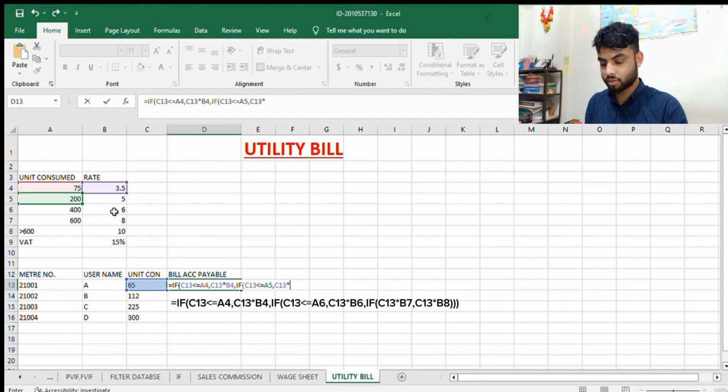Again, if 65 is less than or equal to 400, the bill is 65 into 6.